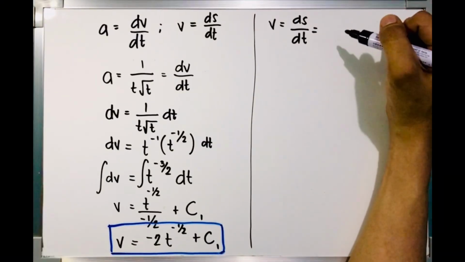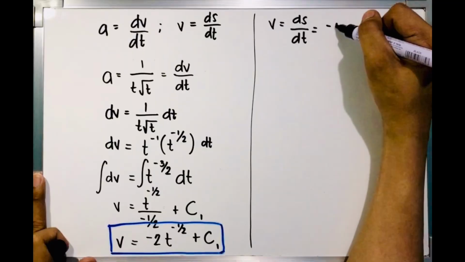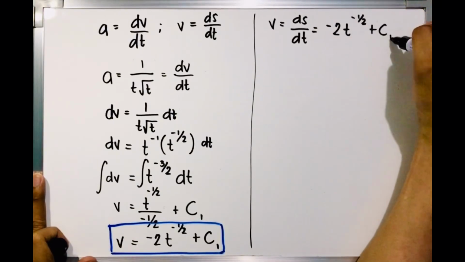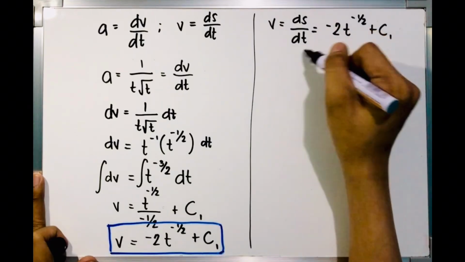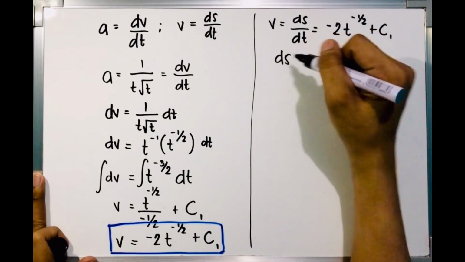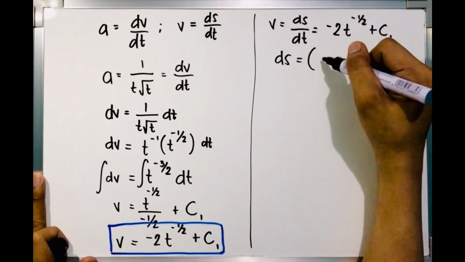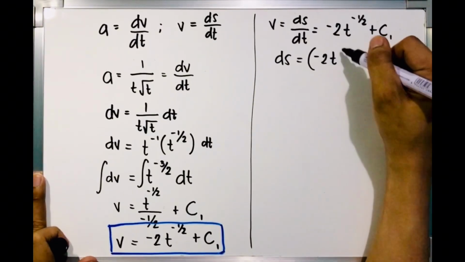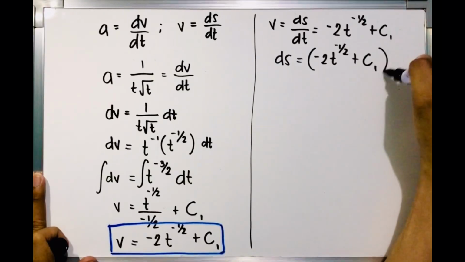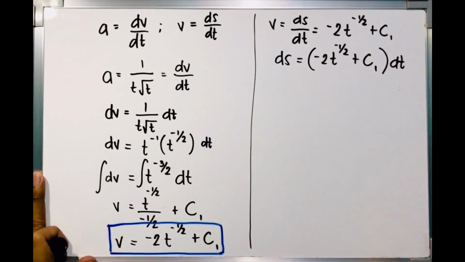And I will write this equation, negative 2t to the negative 1/2 plus c1. Okay? I-distribute ko lang naman si dt sa kabila. And what I will get is ds equals parenthesis negative 2t to the negative 1/2 plus c1, and then dt. Okay?